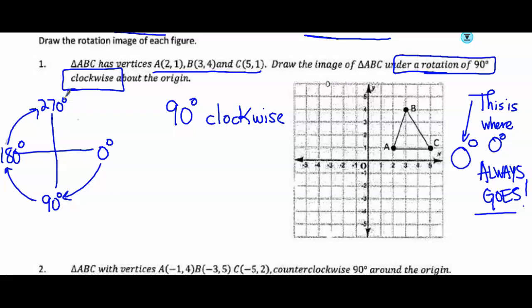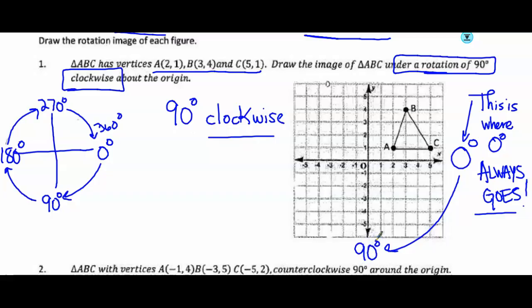So if you were drawing clockwise, it would be 90, 180, 270, and then when you come full circle, a circle has 360 degrees, but we won't be doing any 360 degrees. I just need you to know 90, 180, sometimes 270. So because this says clockwise, I am going to draw an arrow to go down to this spot right here.